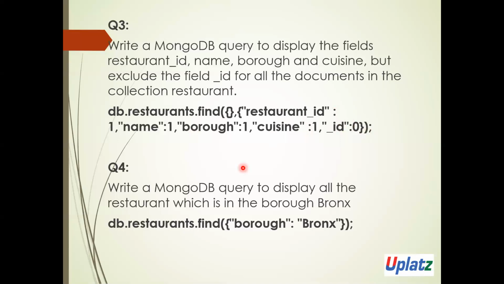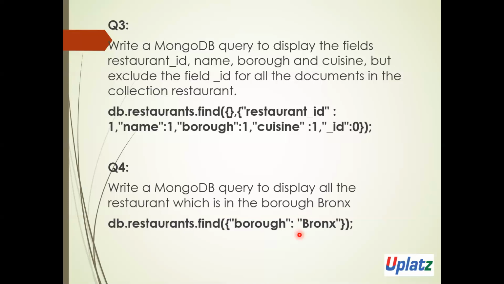The next question is, write a MongoDB query to display all the restaurants which are in the borough Bronx. I want the restaurants which are in that borough. This is like filtering: in the particular field, I'm filtering on that particular value.